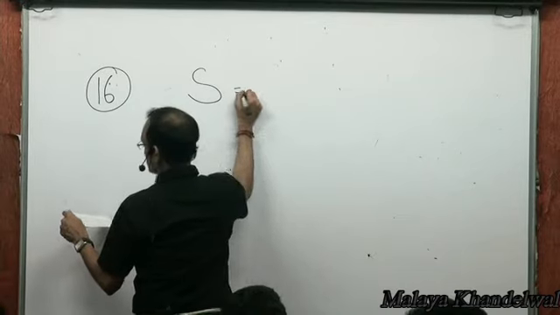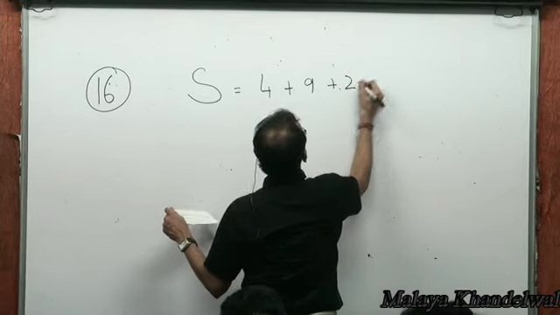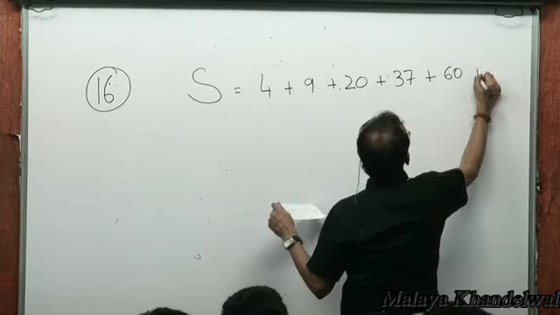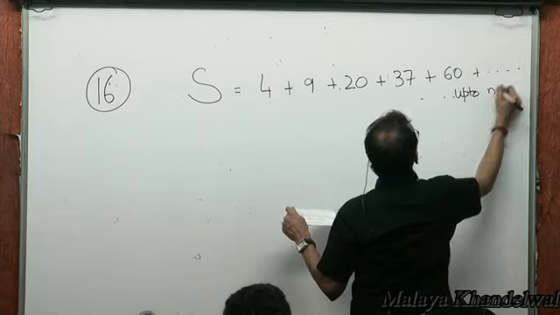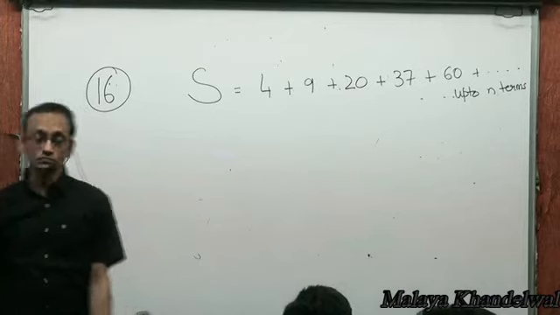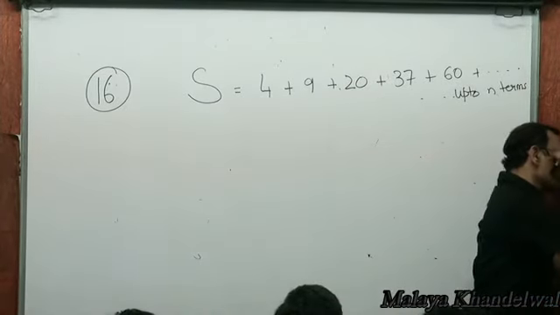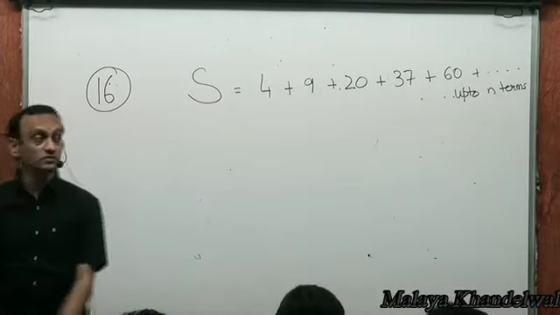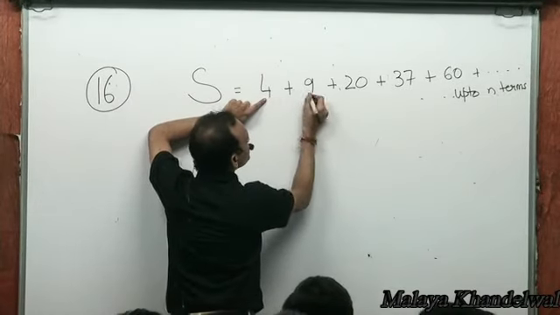S, which is 4 plus 9 plus 20 plus 37 plus 60 plus up to n terms. Maybe this sequence still doesn't fall within the jurisdiction of things that you may have seen. Some of you may have already known about it, but check this. The difference from here to here is 5.